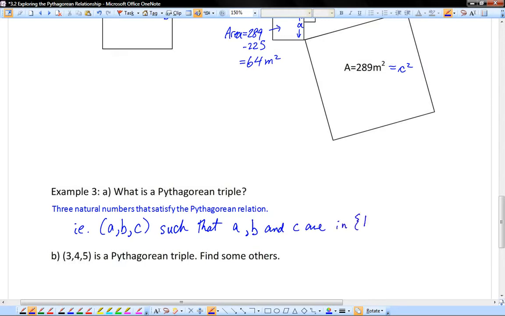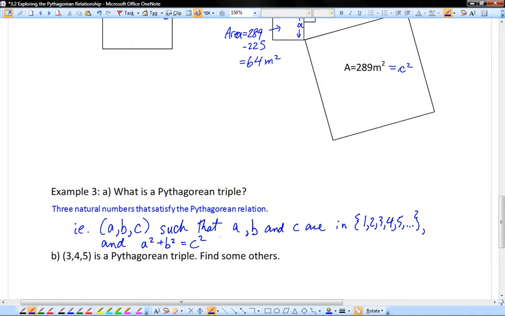Okay, the natural numbers go like this: 1, 2, 3, 4, 5, and so on. In other words, no decimals allowed, no negatives allowed, not even zero allowed. And we also must know that a squared plus b squared is equal to c squared.